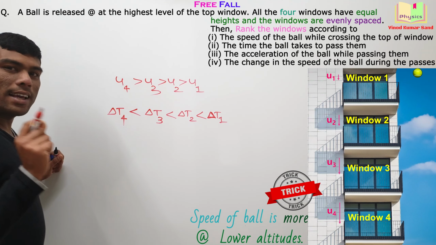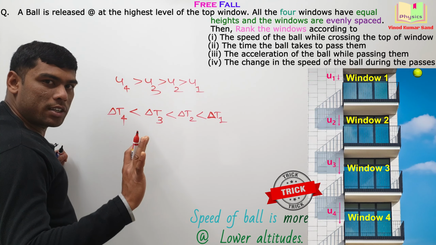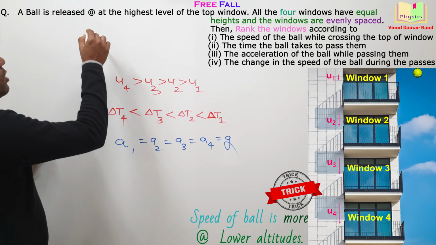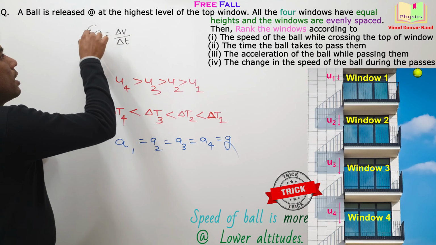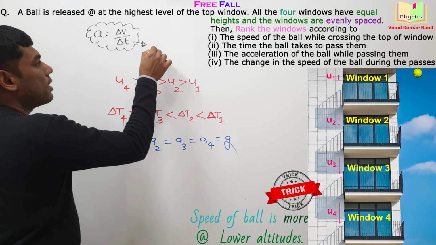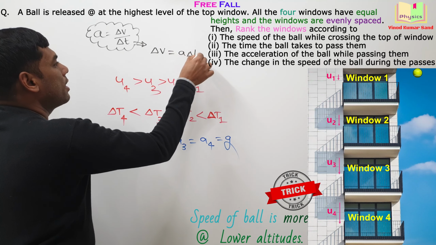Now comparing the acceleration, due to gravity it is constant. Done. The last question is asking the order of the change in the speed. For that we can use a is equal to delta v by delta t. Using this, we can say that change in the speed is equal to a delta t.